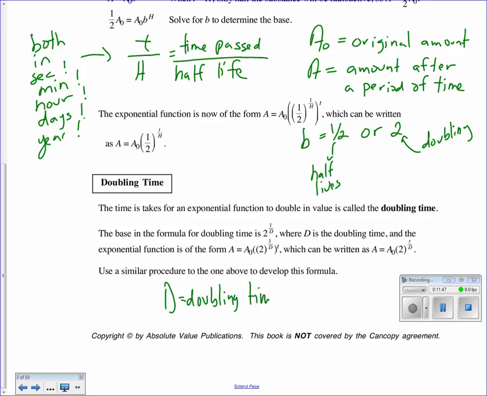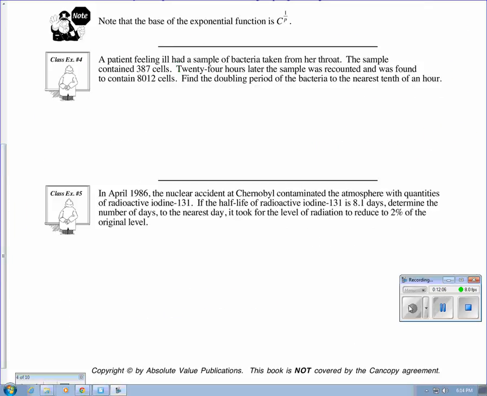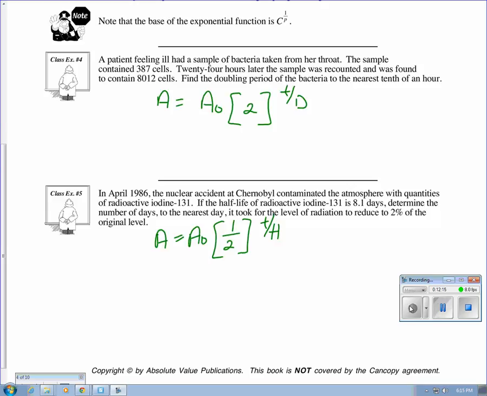But we're going to use the same general idea, an A naught, a 2 or a half, and then the relationship between T and H or T and D. Our knowledge of logs is going to be invaluable. So we're going to do these two examples. I'm going to set up the equation and then see how they're solved.